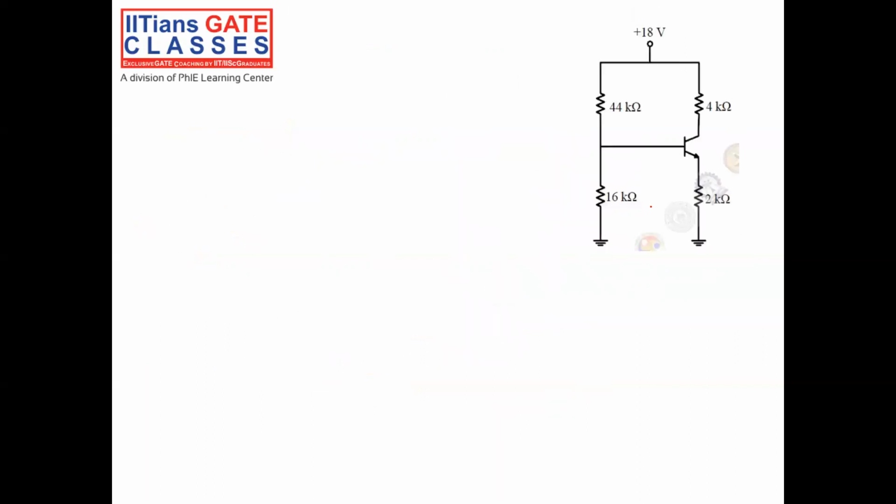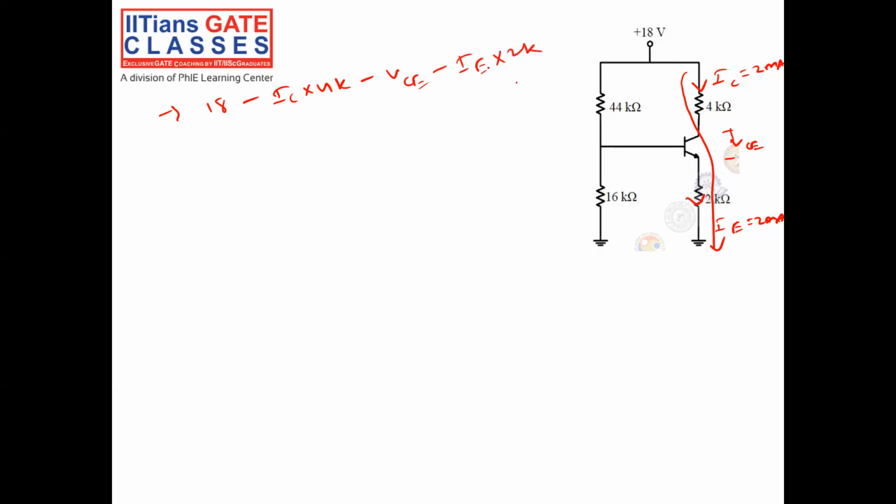Okay, now let us see this question. IC is equal to 2 milliampere and IE is equal to 2 milliampere. Right? Both are 2 milliampere. So let us put a KVL in this loop. 18 minus IC into 4K minus VC minus IE into 2K is equal to 0.